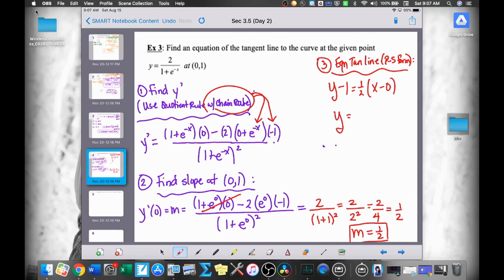And then when I solve for y, I get y = 1/2 x + 1 as the equation of my tangent line to the curve. And if you wanted to check your work, you could certainly graph the curve and graph the tangent line and make sure that the picture actually agrees that this tangent line is tangent to the curve at the given point.